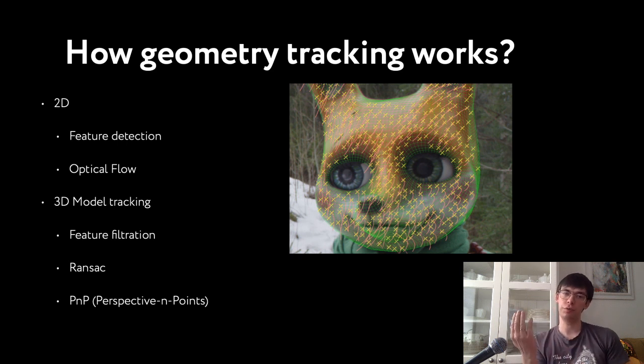That's why we need to filter out all wrong features. Then there is one additional step called RANSAC to find the best subset of all features that are moving together, to find such features that actually relate to the object.